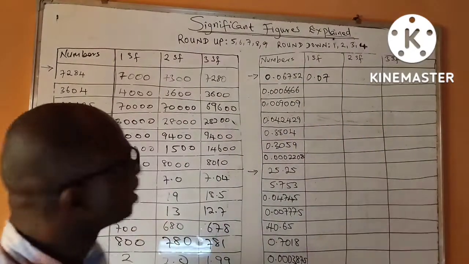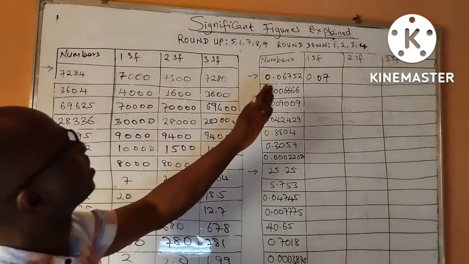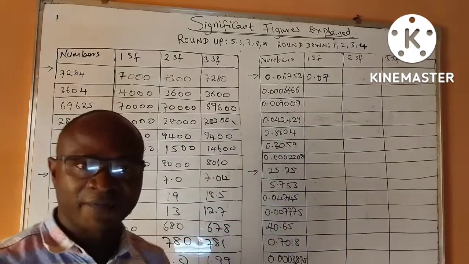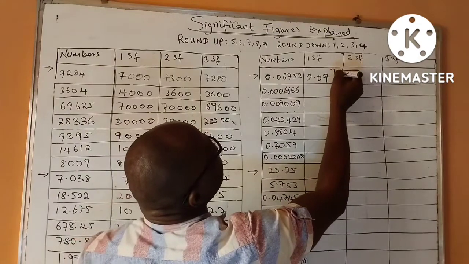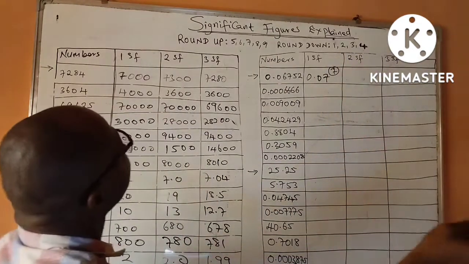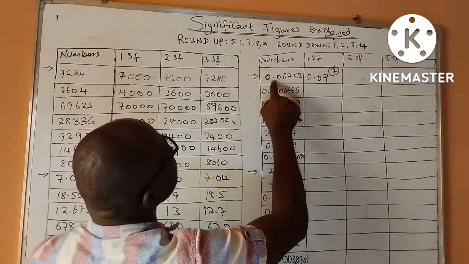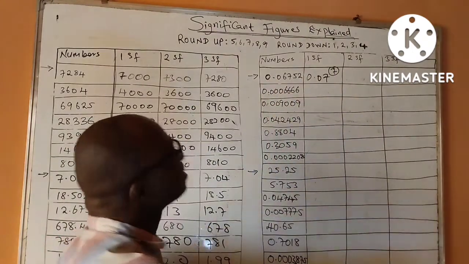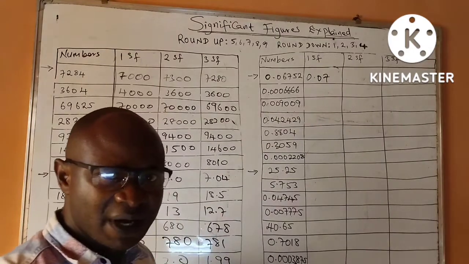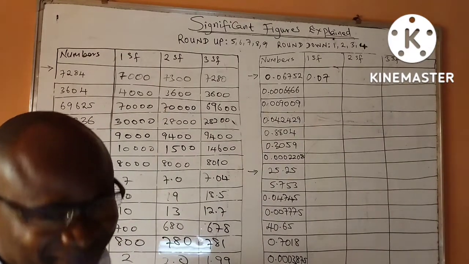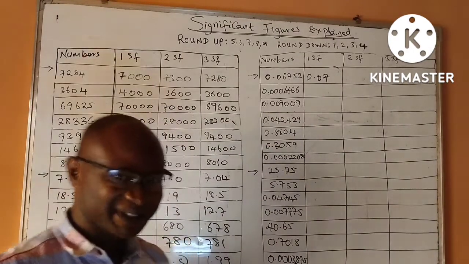Note, a lot of people, because you are told to count from the first non-zero digit, we just write for you there, 7. Wrong. Because this 0.0 has to come in first before you count for significant figures. Key, very important. Math is sweet actually.